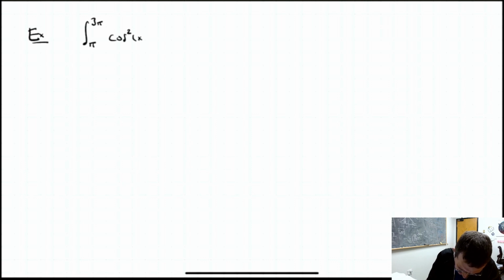So let me show you some examples. I'm just going to write down a random integral. Let's say the integral from pi to 3 pi of cosine squared of x with respect to x.